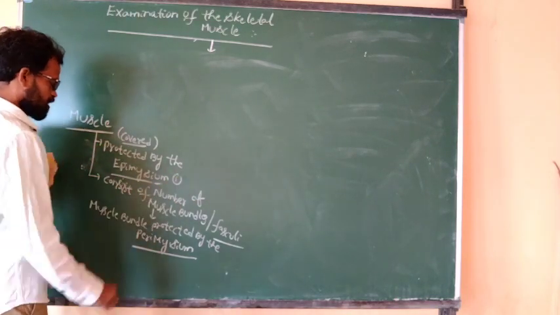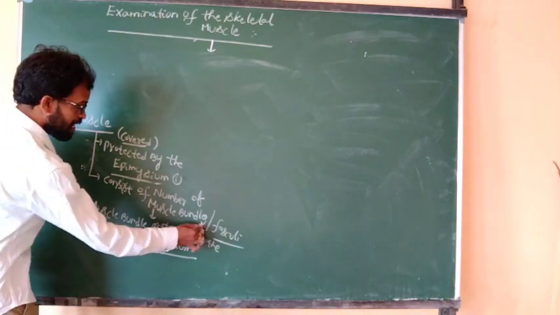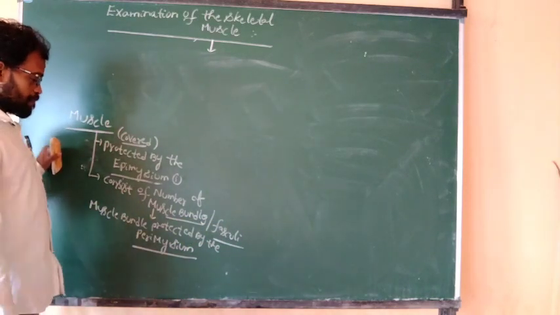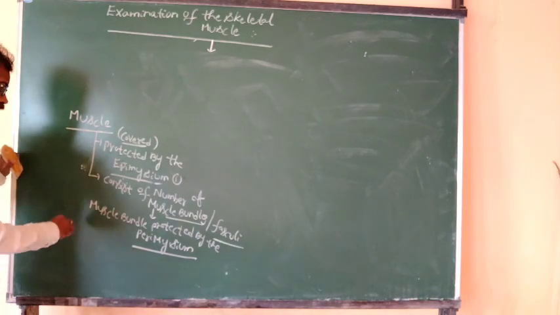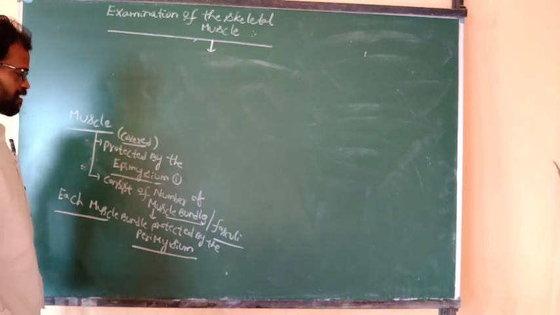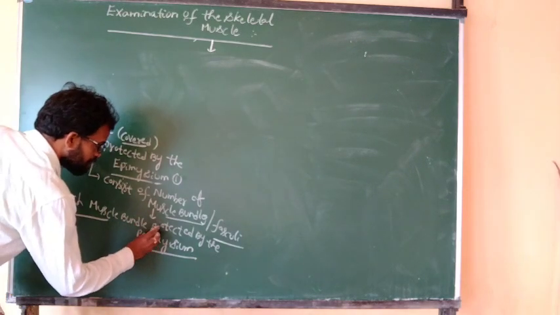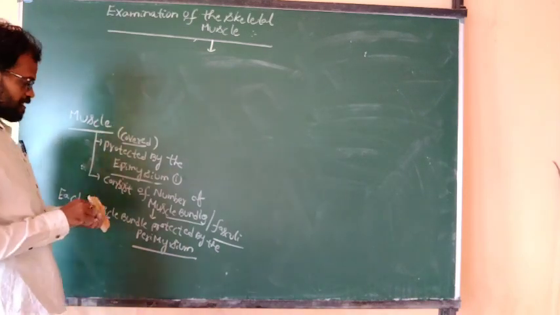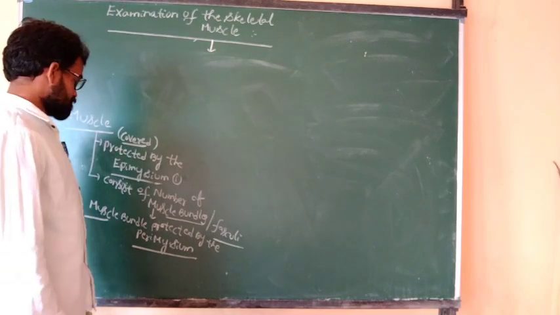This muscle consists of a number of muscle bundles. These muscle bundles are nothing but fasciculi. Each muscle bundle is protected by the perimysium.